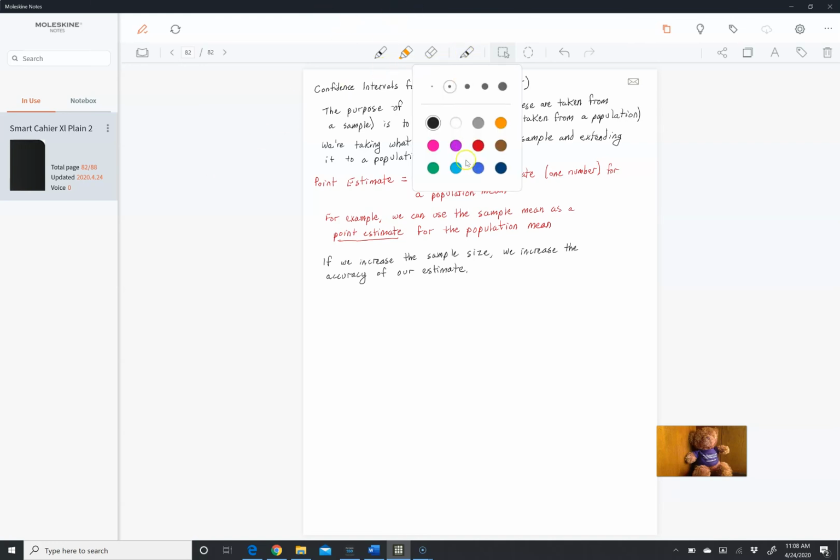So what we're going to do, and I'm going to put this in a different color because it's kind of like the key to this whole lecture. It's also the key to the whole unit, okay?